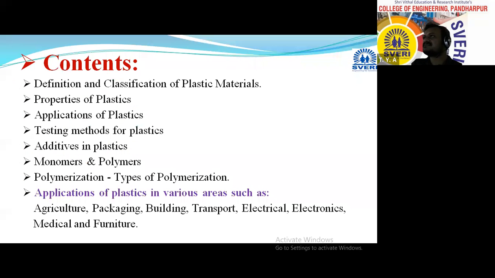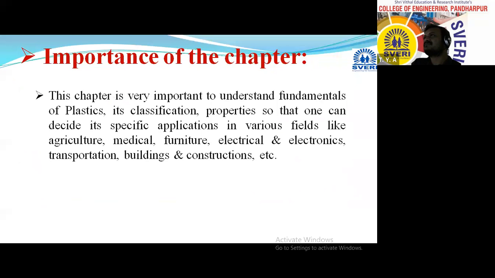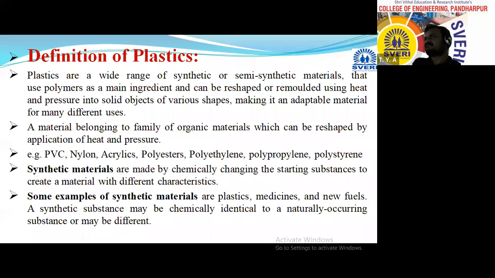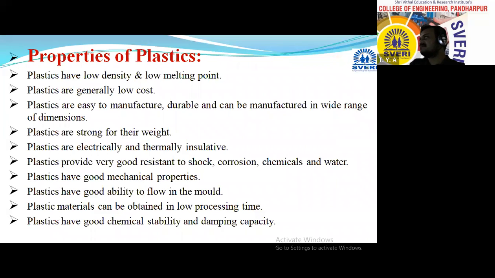I will just review the first presentation. Okay, this is the presentation, properties. This is the definition. This much description is sufficient. If you write the first point and only examples, that much is sufficient. Properties: I have taken from various internet sources.